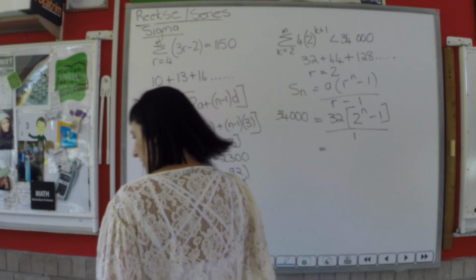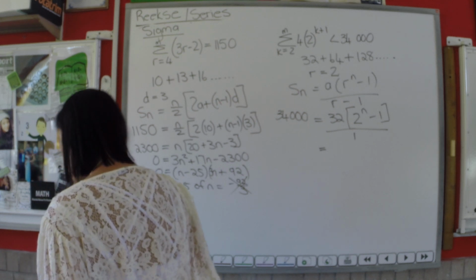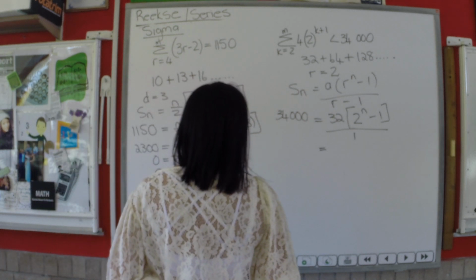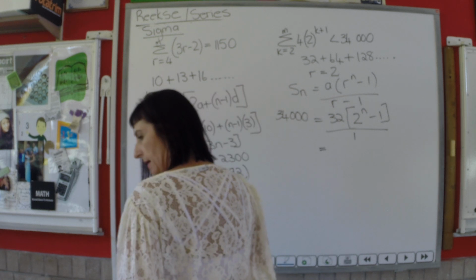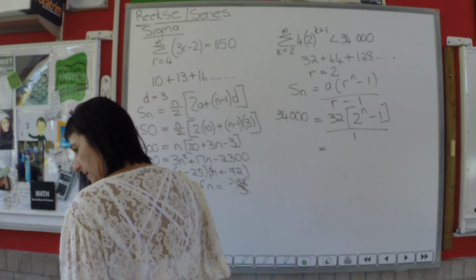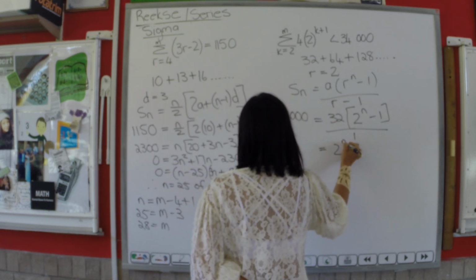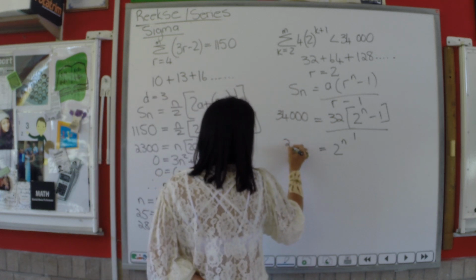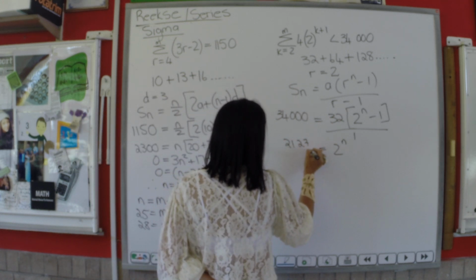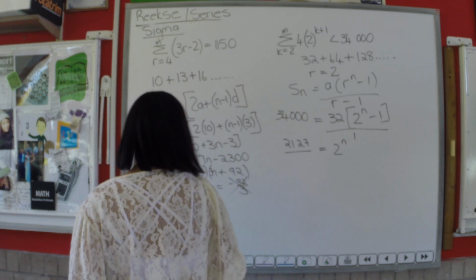So ek kan 32 deel daarin, en 32 in. So I'll get 2 to the power of n will equal 2127 divided by 2.